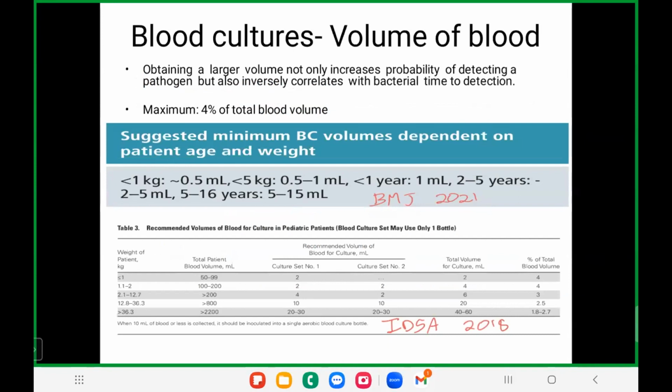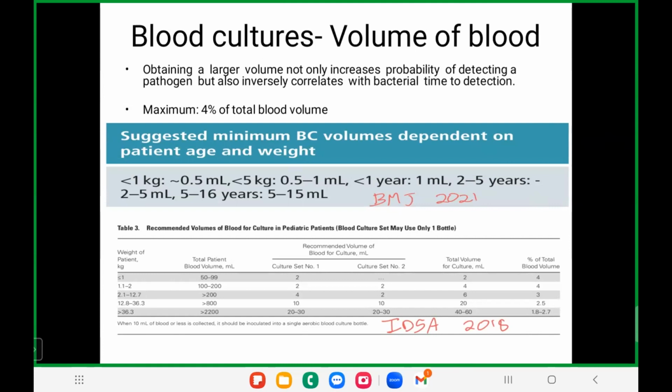What they are telling is, if you're able to get a larger blood volume for culture, it will be very beneficial to identify the pathogen. The more the blood volume, the more likely the detection of the pathogen. So you need to get the maximum amount of blood.